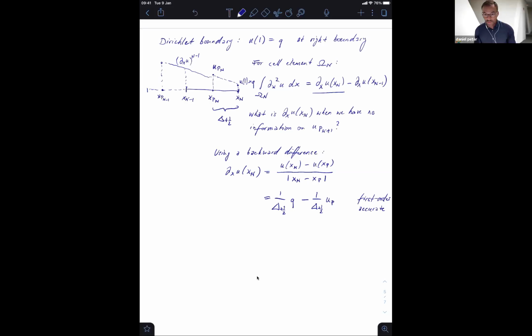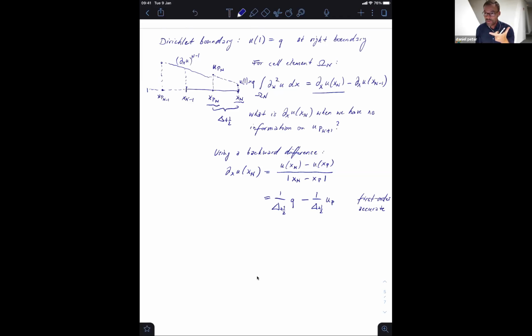So you see, when we use this first order approximation of the derivative, our finite difference stencil involves the value at xn and the value at xp. So with these two values, we end up with a first order approximation of the derivative. How would you achieve now a second order accurate approximation?